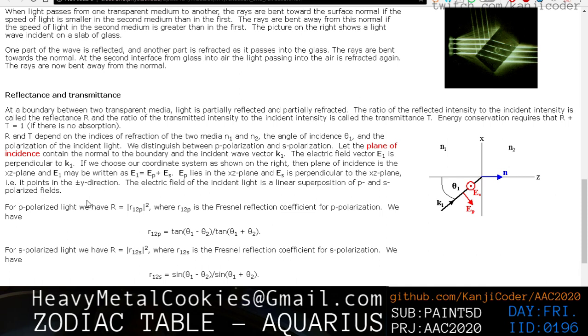If we choose our coordinate system as shown on the right, then the plane of incidence is the xz plane, and E1 may be written as E1 equals EP plus ES. EP lies in the xz plane, and ES is perpendicular to the xz plane, i.e. it points in the plus or minus y direction. The electric field of the incident light is a linear superposition of P-polarized and S-polarized fields.